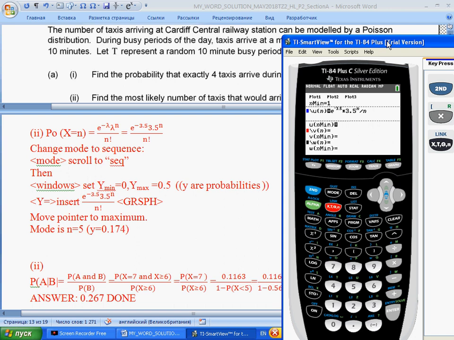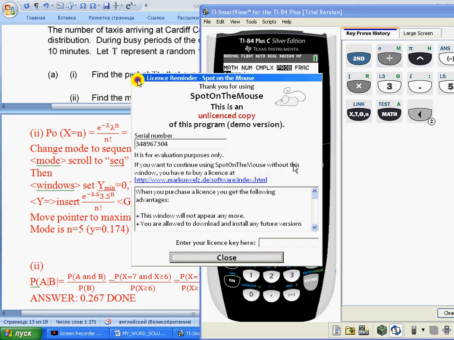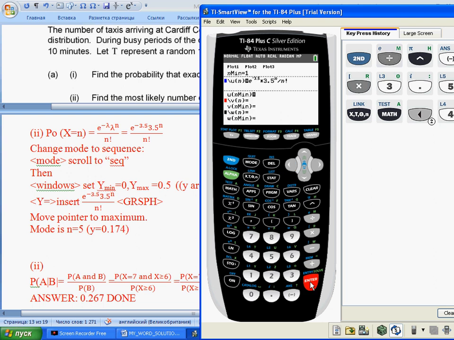To get factorial, I think we should go to math, probability, and you see the factorial symbol. So we choose 4, enter. We got this here. Let us check. E minus 3.5, 3.5 to the n. Okay, now graph.